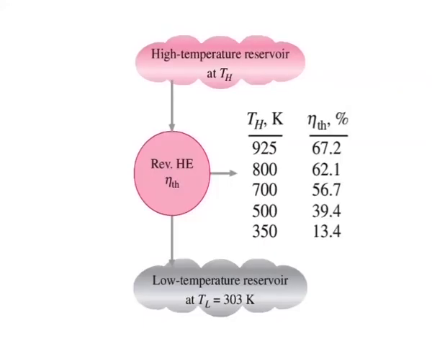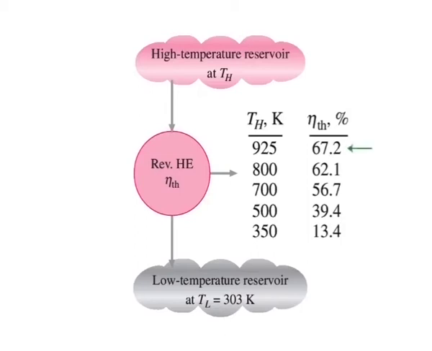Now let us examine how the thermal efficiency varies with the source temperature when the sink temperature is held constant. The thermal efficiency of a Carnot heat engine that rejects heat to a sink at 303 Kelvin is evaluated at various source temperatures and is listed here.